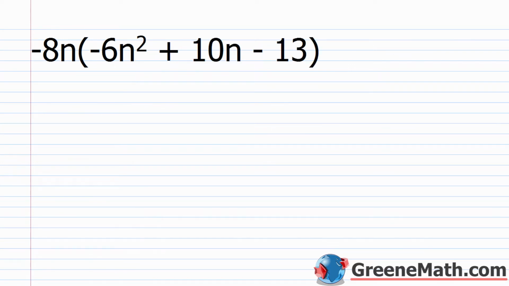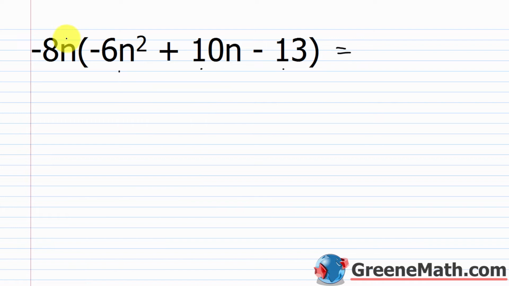All right, now I'm going to make it a little bit more tedious. We have a monomial that's being multiplied by a trinomial. And a trinomial is just a polynomial with 3 terms. You have 1, 2, 3 terms. Same principle here. I'm going to take this guy right here, multiply by each term inside the parentheses. So we have negative 8n times this quantity, negative 6n squared plus 10n minus 13.